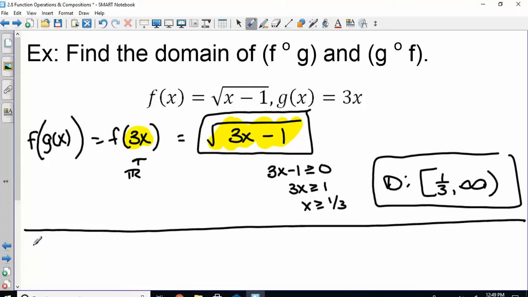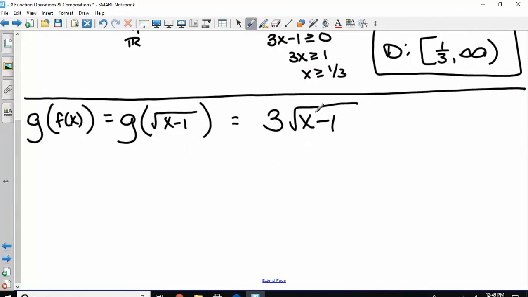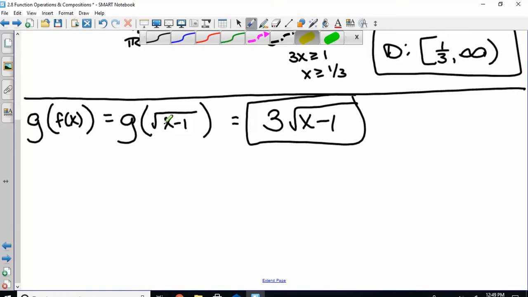If we go the other way, G of f of x. So f is the square root of x minus 1. We have to put that into G, so it's 3 times the square root of x minus 1. Domain. Look at your inside.